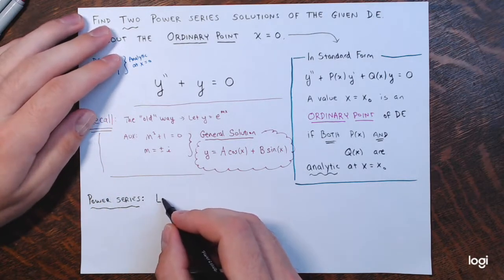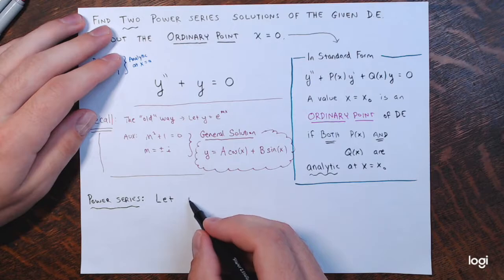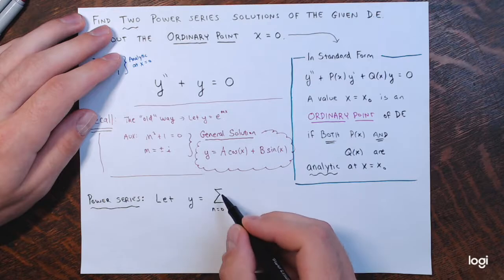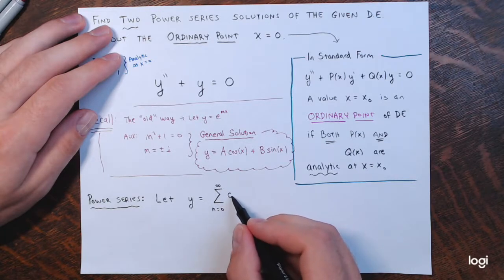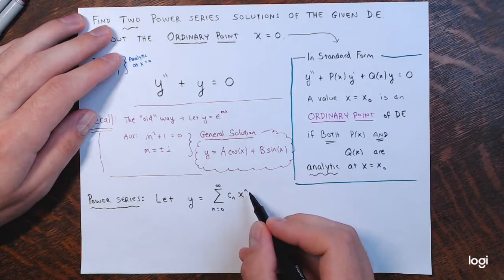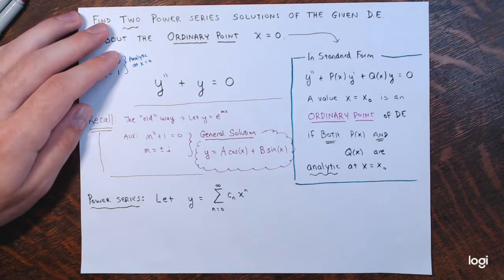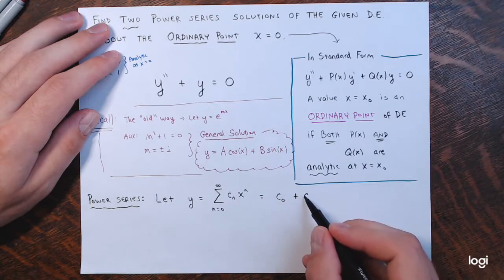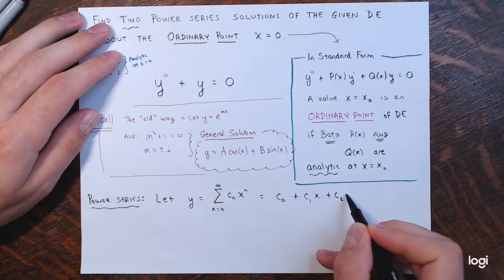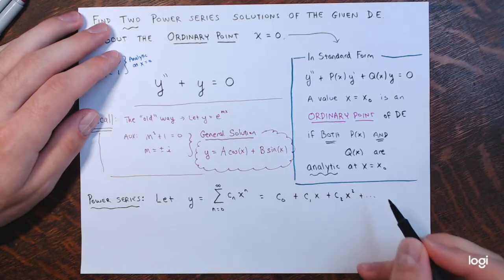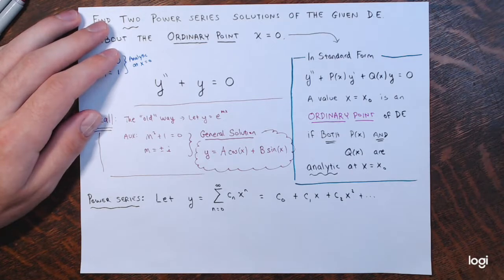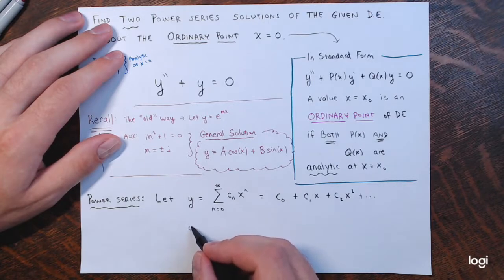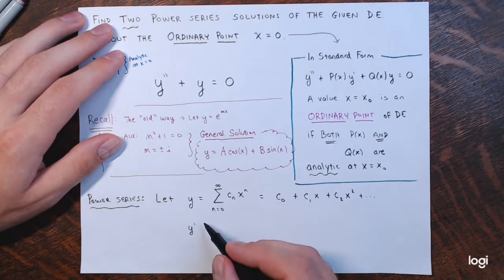So let's assume that this does have some sort of power series solution. Let y equal the sum from n equals 0 to infinity of c sub n times x to the nth power. Your power series. If you're unfamiliar with this, this would be c0 plus c1x plus c2x squared, etc. Then I want to eventually substitute these into the equation, so I need the first derivative, and I need to get up to the second derivative.